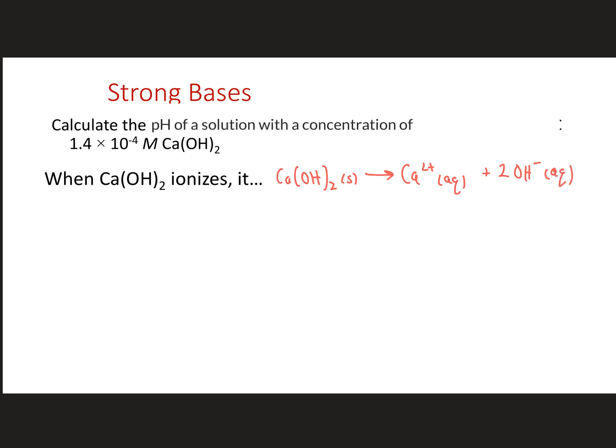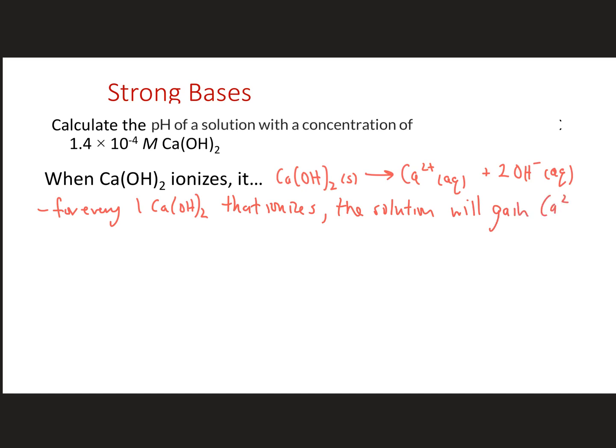So the key for this calculation is that for every 1 calcium hydroxide that ionizes, the solution will gain, we're going to form 1 calcium and 2 hydroxides, right? So we produce 2 hydroxides for every 1 calcium hydroxide that went in.